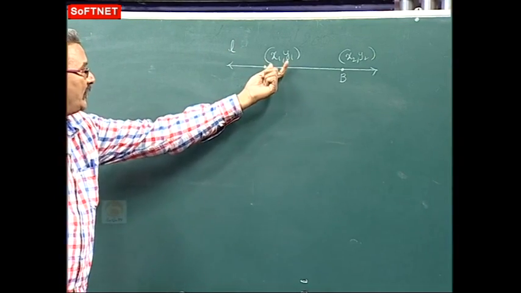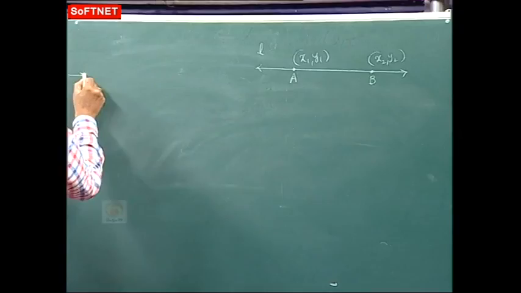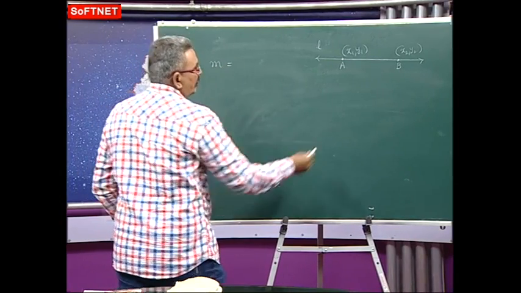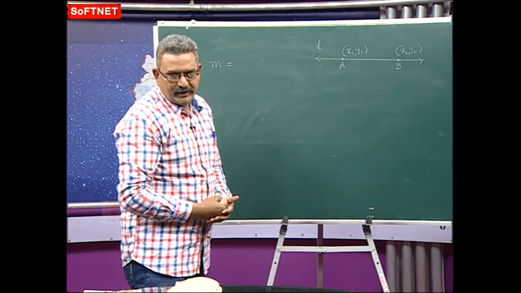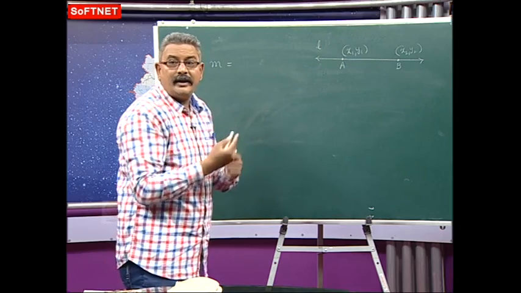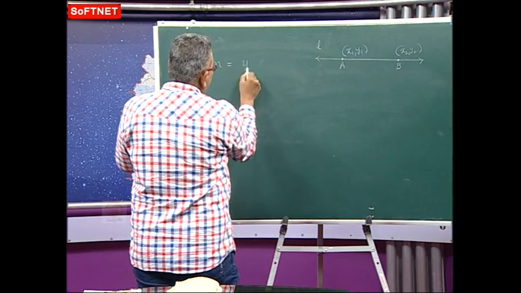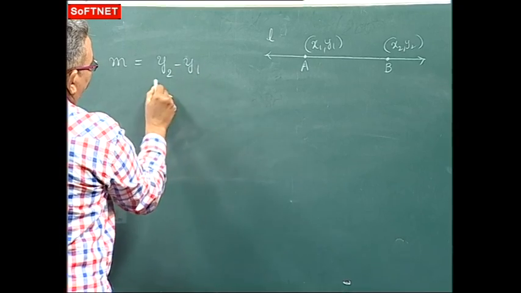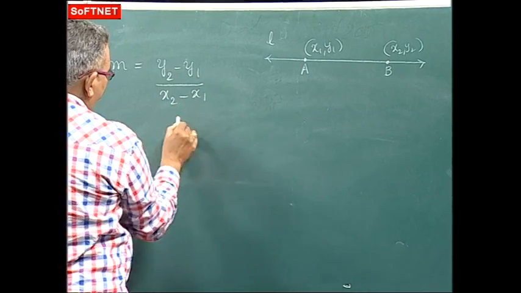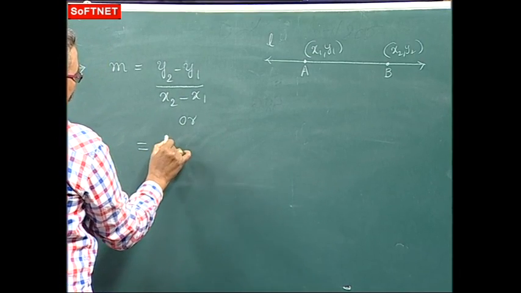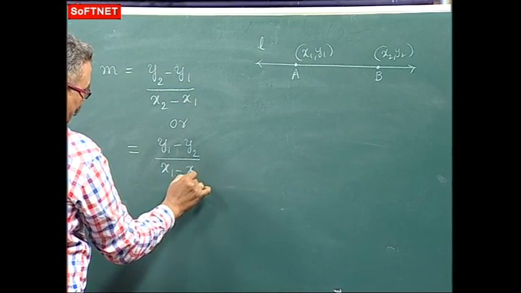As the coordinates of A and B are given, the slope is given by m equal to the difference of y coordinates divided by the difference of x coordinates, taken in order. That means m is y2 minus y1 by x2 minus x1, or y1 minus y2 by x1 minus x2.